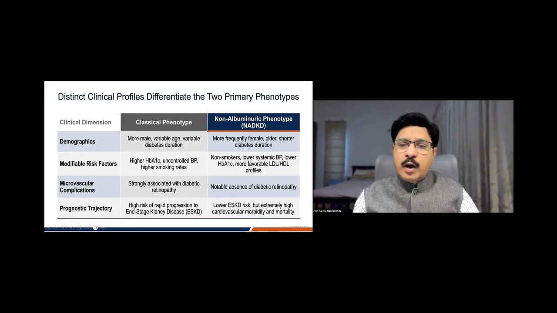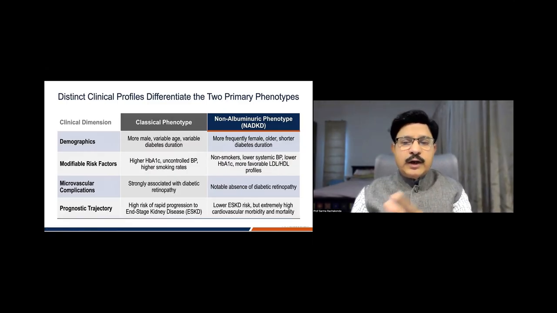Whereas the non-albuminuric fellow may not have diabetic retinopathy, is an older individual, female, with shorter duration, normal blood pressure, normal HbA1c, favorable lipid profile, but the end-stage kidney disease risk is very low and the cardiovascular risk is very high for these people.